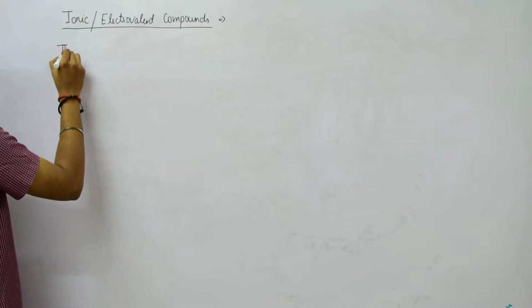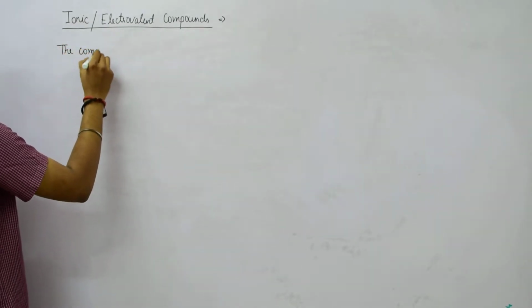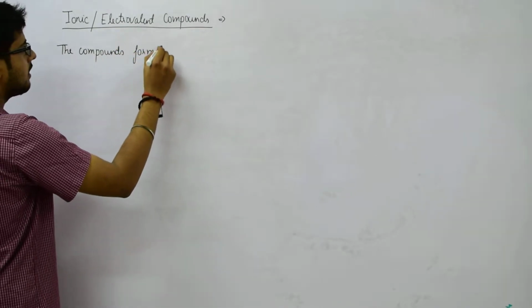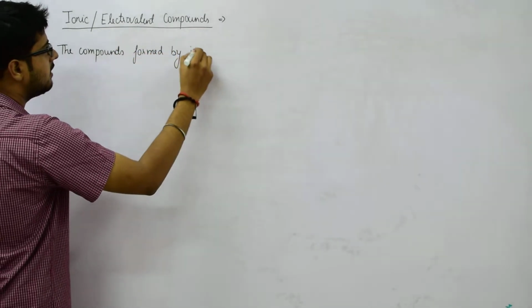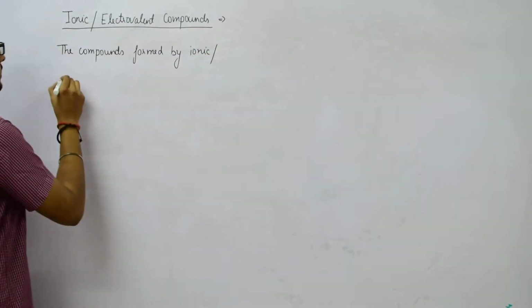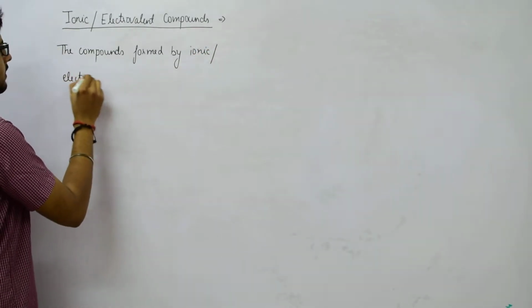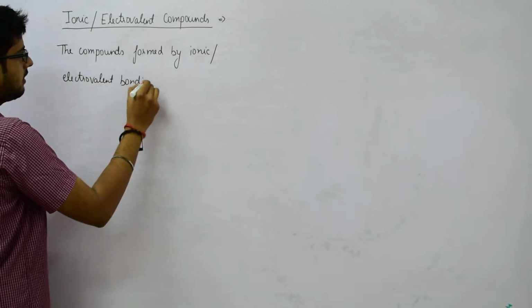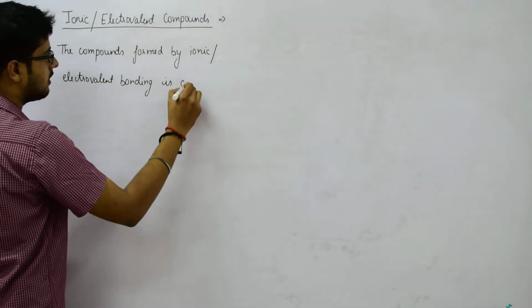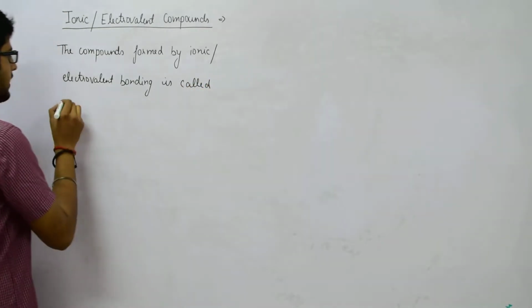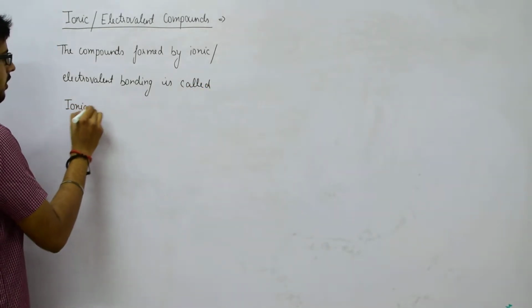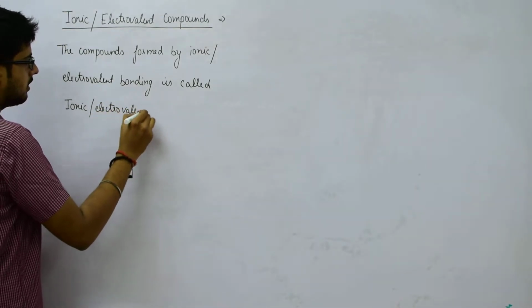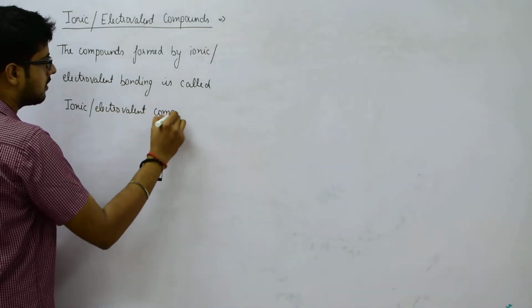The compounds formed by ionic or electrovalent bonding are called ionic or electrovalent compounds.